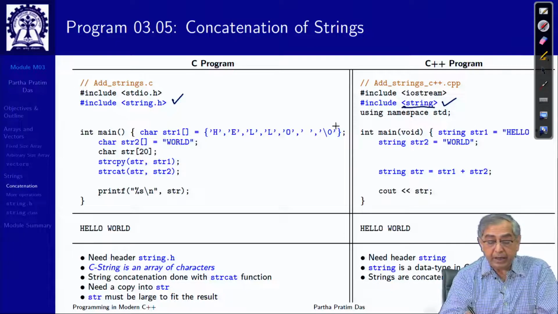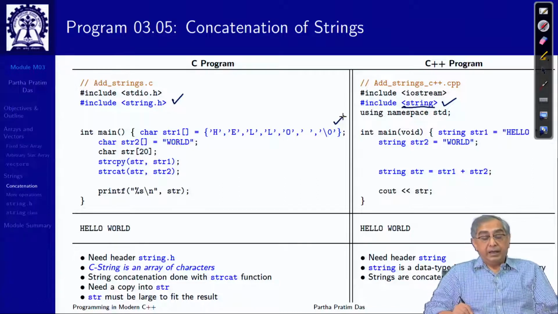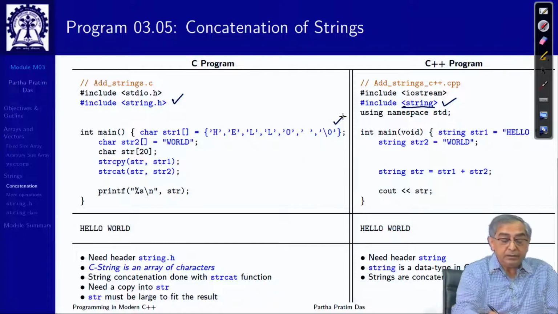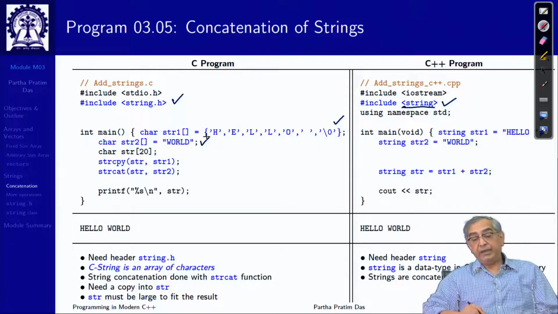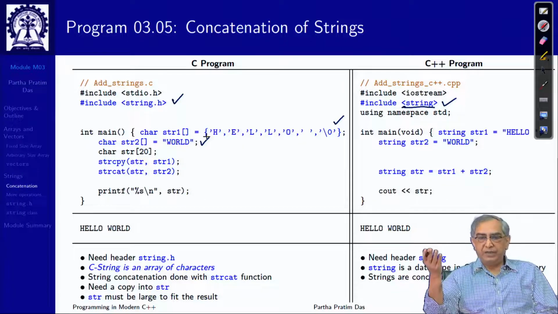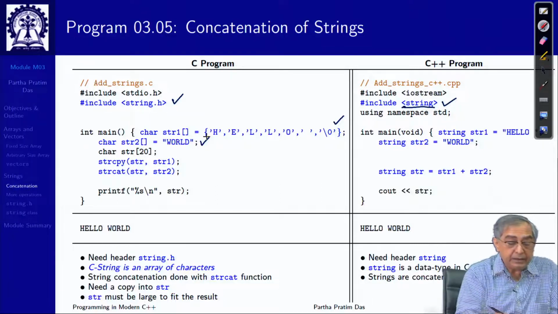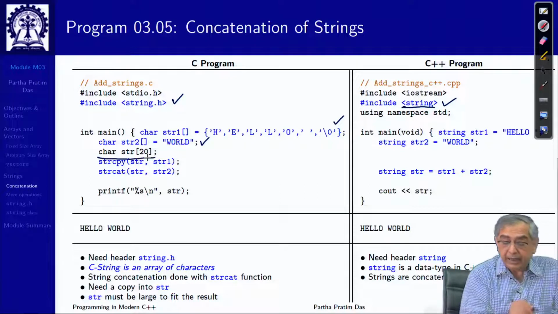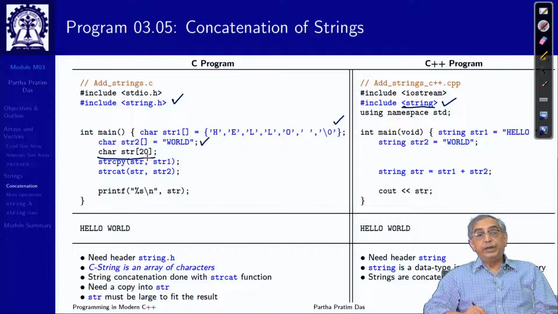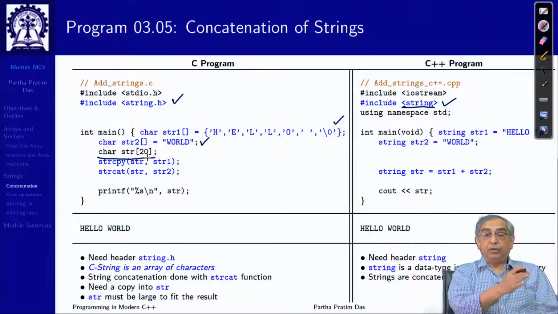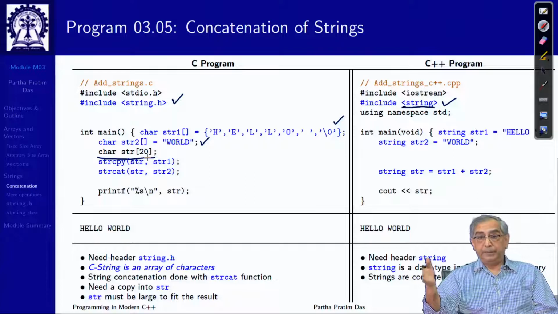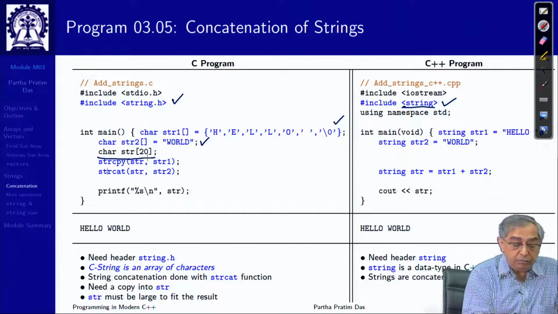Now, here I have initialized an array with these characters, and initialized another array with these characters. Just for the purpose of illustration, I have shown two ways of initialization, both of which are available in C++ as well. And then I declare an array which should be the concatenation of hello followed by world. Right? So, to get there, what do I do?